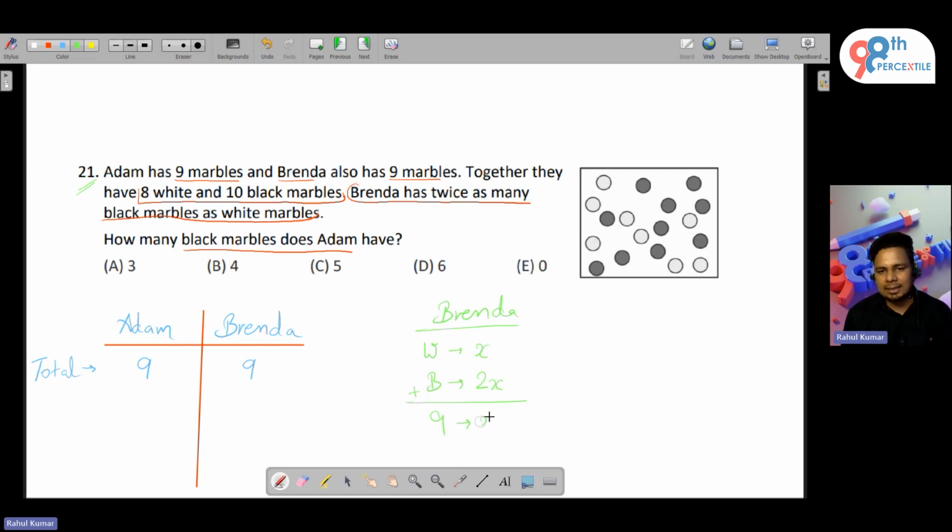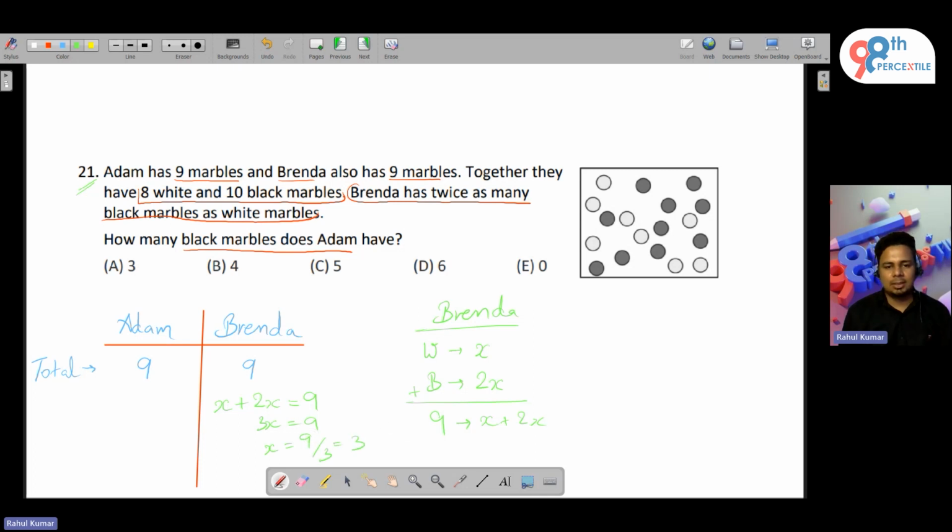So the equation is x plus 2x equals 9. Here you can see x plus 2x is 3x equals 9, x equals 9 divided by 3 equals 3.